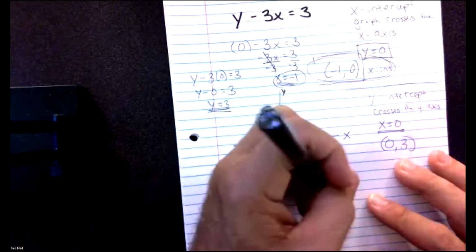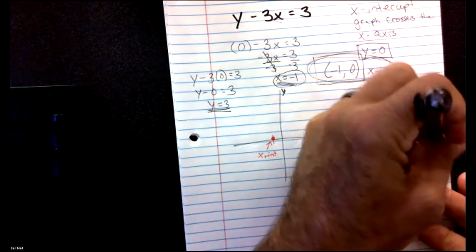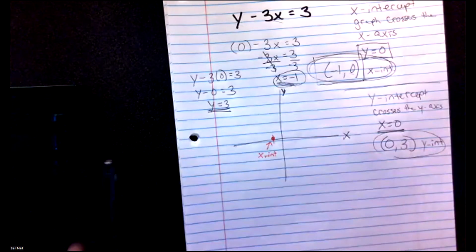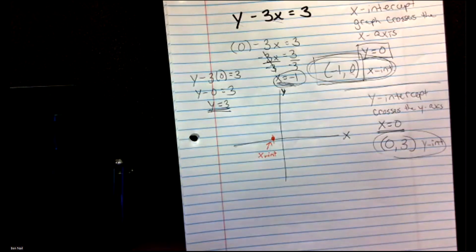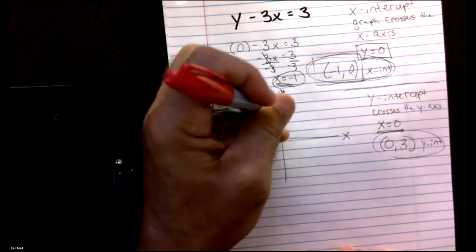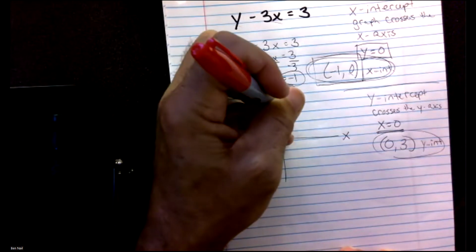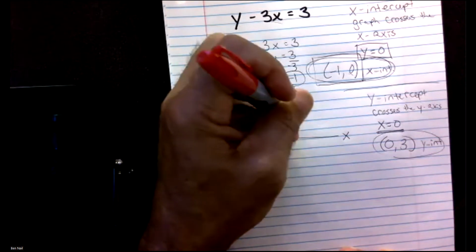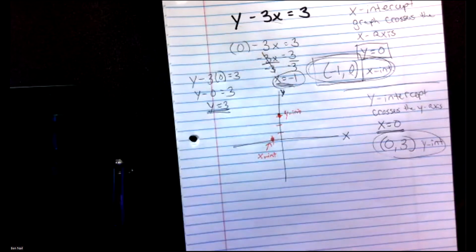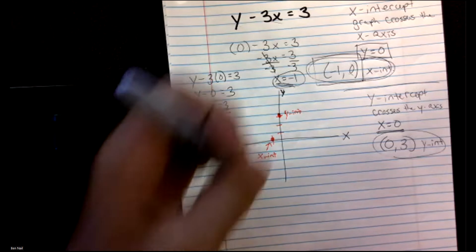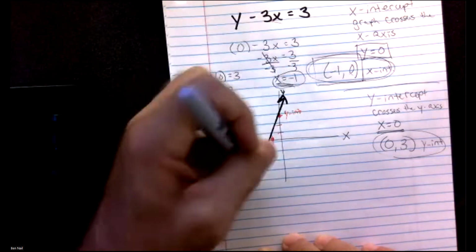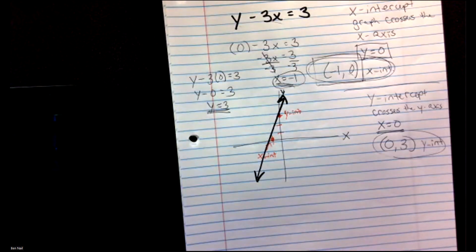So again, your x-intercept is a coordinate. Your y-intercept is a coordinate. We graph that one. 0, 3. So that's my y-intercept. And if I want to graph those, I can just connect those dots, and that's where my line would go.